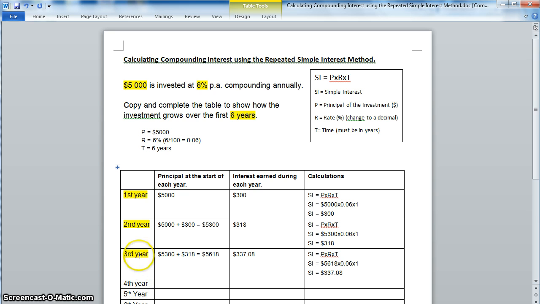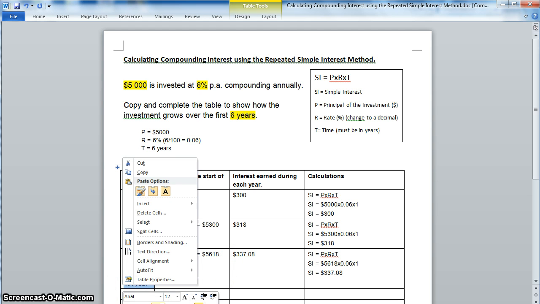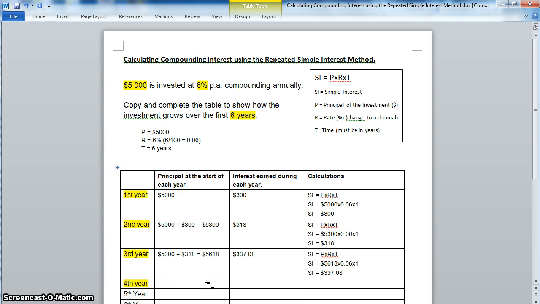So at the beginning of year 3, we had $5,618 in our bank account, or our investment. Over the course of that year, we earned $337.08 in interest. So at the beginning of the 4th year, let's highlight that, we need to add those together because we have a new balance in our bank account or our investment.